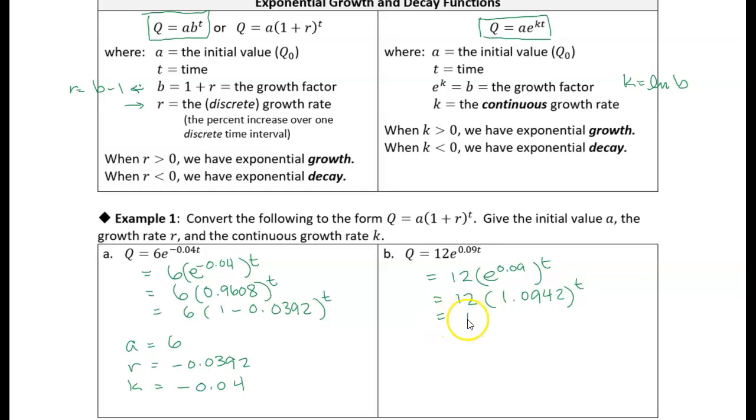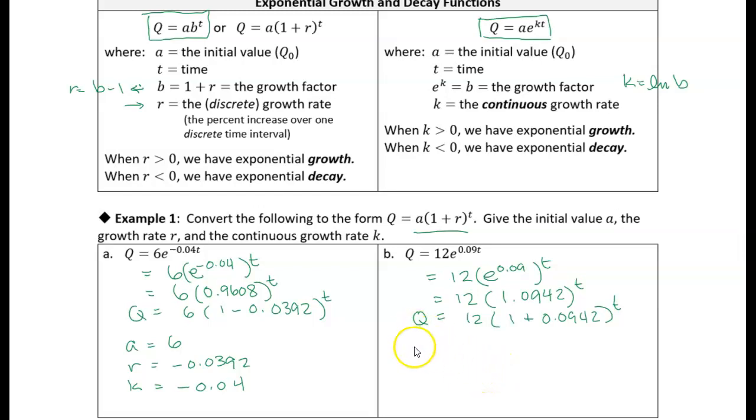So you can see we have 12 times 1 plus 0.0942 to the t if we want it in this form that we're asked for. That gives us the form that we're asked for.